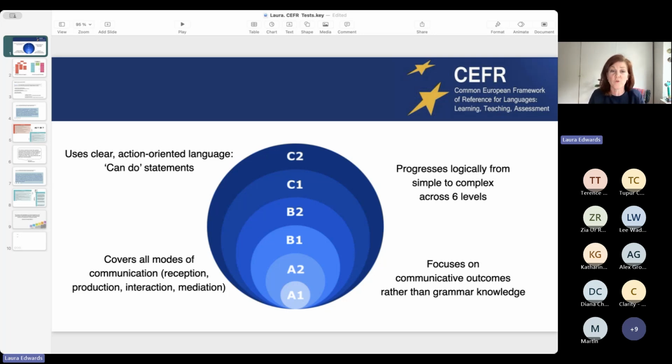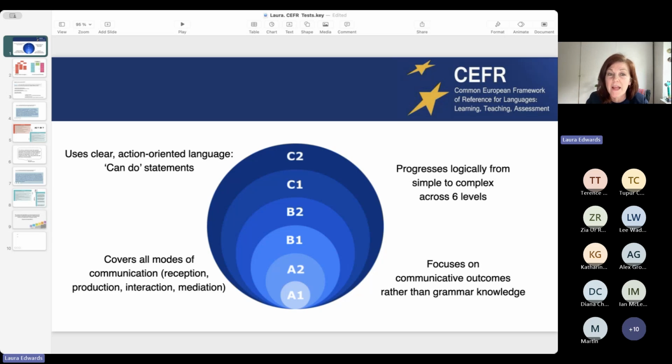So for me, the strong features of the CEFR is that it uses clear, action-oriented language. It's all based on these can-do statements, looking at what students can do rather than what they don't do. It covers all modes of communication, from reception, production, interaction, and mediation.